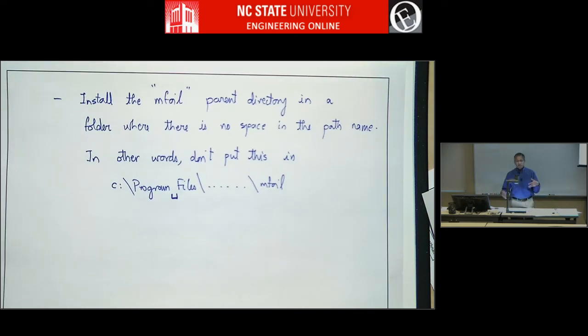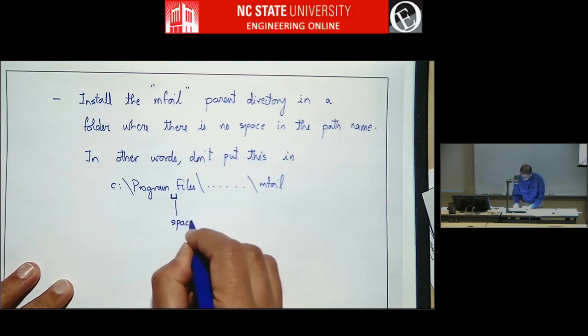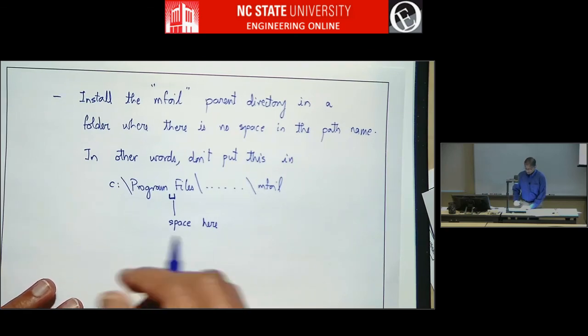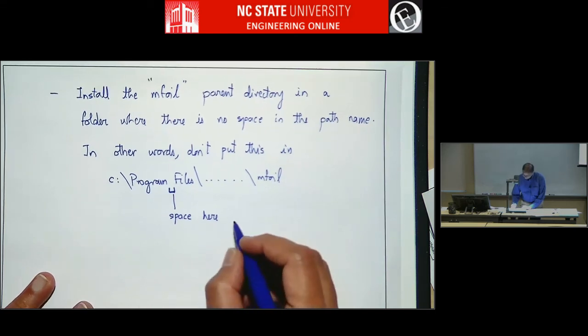At that time, Windows did not create these things called program files with spaces. Almost all the time, people would write directory names without spaces. So now there's a space here. And I think sometime I should find the time to go and change mfoil so that this is not a restriction, but there's no time to do anything these days.